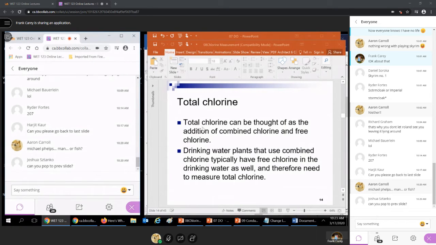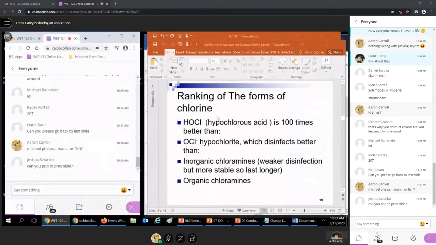Total chlorine is a combination, of course, of the free chlorine and combined chlorine. So the way they're ranked is, the free chlorine is 100 times better than the inorganic chloramines.